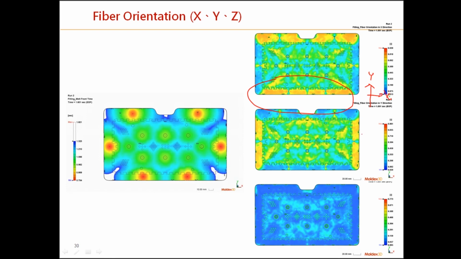On the opposite, for the fiber orientation along the y direction, the two sides also show high fiber orientation along the y direction, as we can see from the color it stands for.